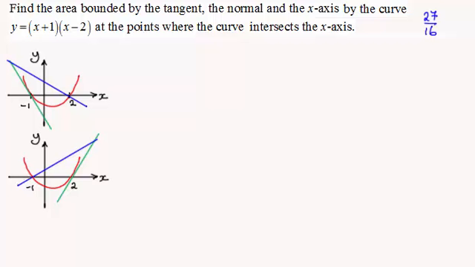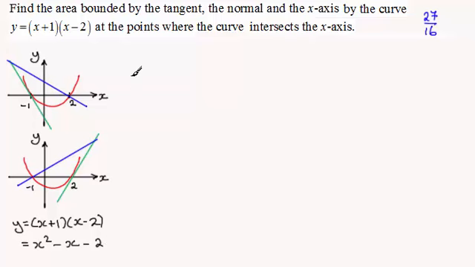The curve then has equation y equals (x plus 1) times (x minus 2). And if we expand this, then we're going to get x squared, and then we'll have -2x plus x. Well, that's going to be minus x. And then you've got plus 1 times -2, which is -2.